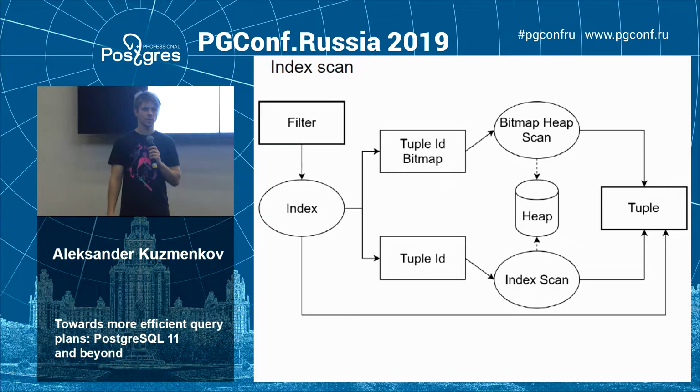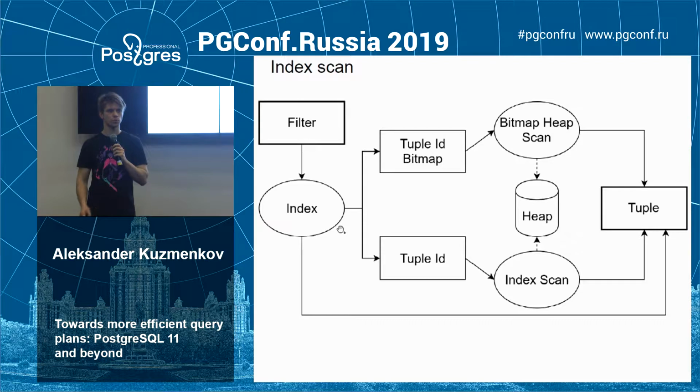In Postgres, we have three different index scan options. Why do we need them? First of all, the tables in Postgres are not index organized. All rows are stored in a special page storage, the heap.